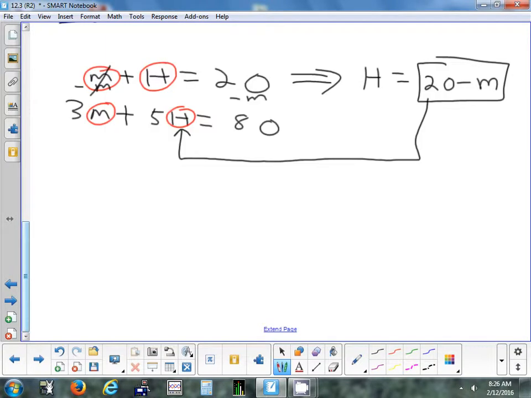Is anything going to change with the first part, the 3m? No, that stays the same. When I plug in for h, what do I always want to make sure I write down? Parentheses. Before, we had an h next to the 5.